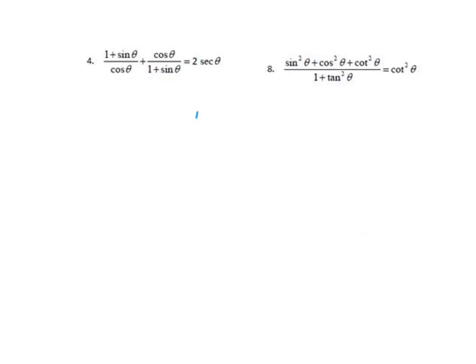We still need to get started with the left-hand side. We know sine square theta plus cosine square theta, that's 1. So we got 1 plus cotangent square theta, changing into sine and cosine. That will be cosine square theta over sine square theta.